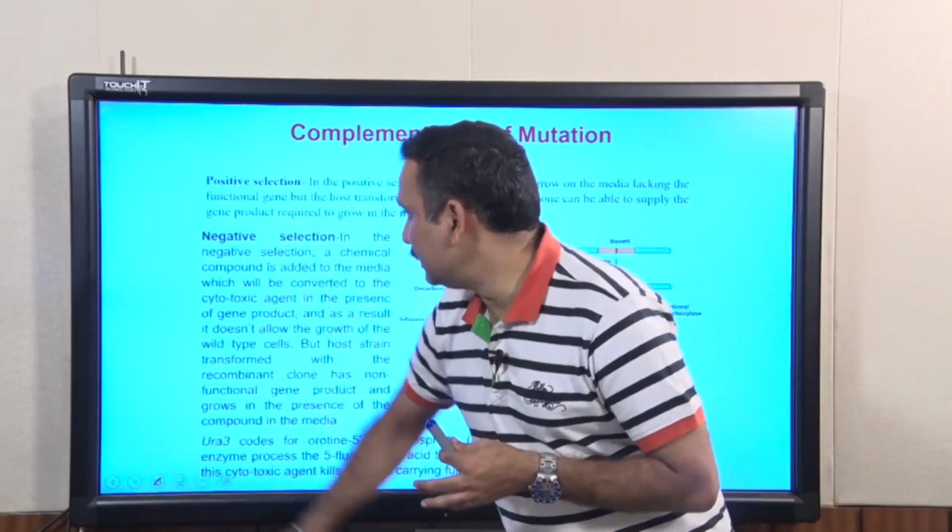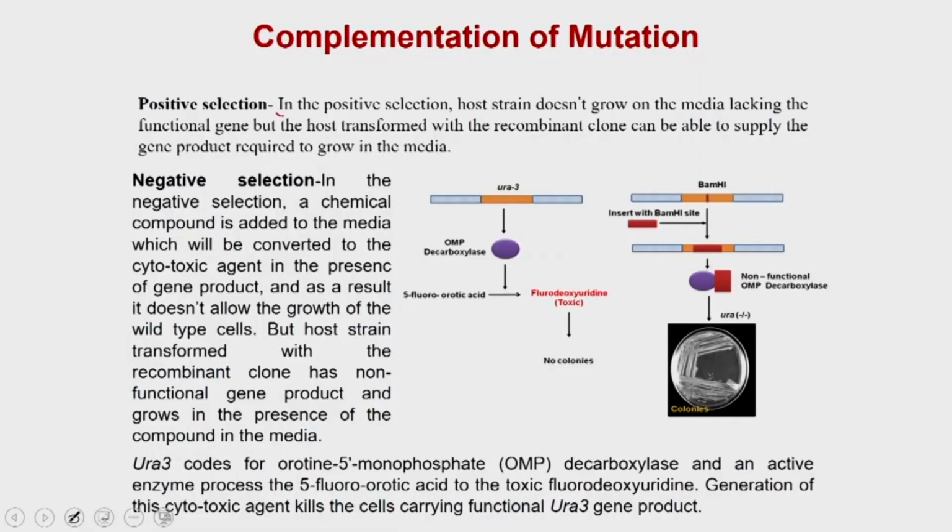What is meant by the positive selection? In the positive selection the host strain does not grow on the media lacking the functional gene product, which means the host has some kind of mutation. So, the host will not grow on the media as long as it does not contain that particular metabolite or that particular nutrient, but the host transformed with the recombinant clone, which is going to supply this gene product, will allow this host to grow on the media in the absence of that nutrient.